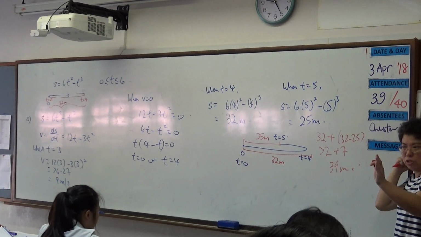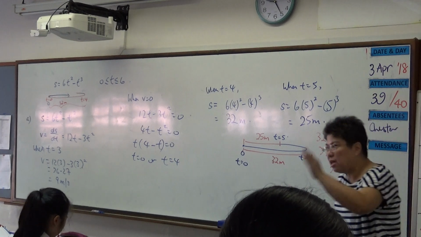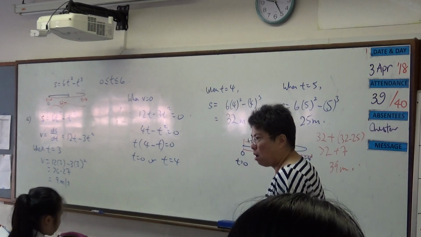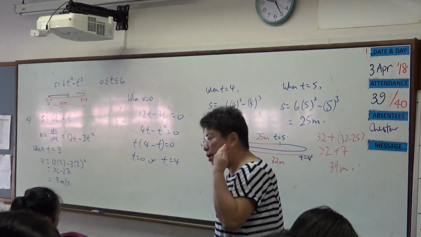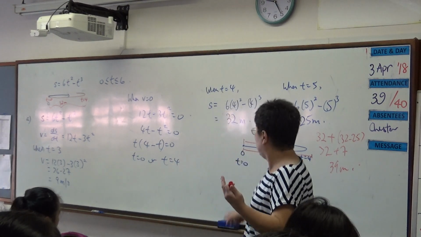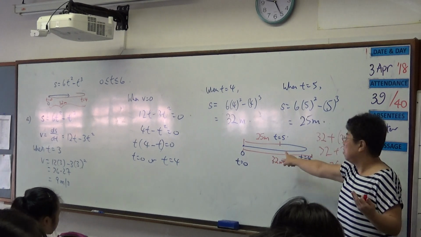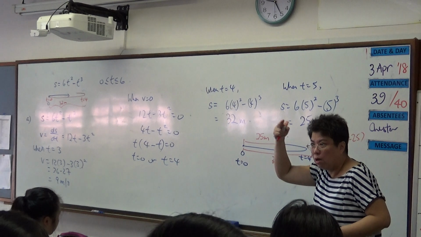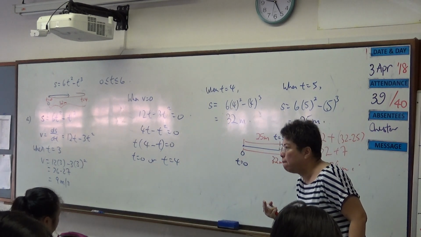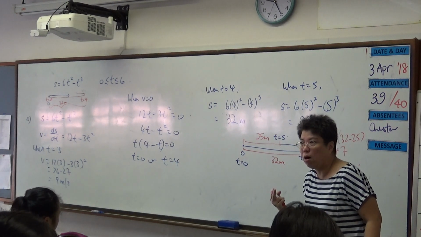Now, let me change the question for you. If the question says the distance travelled is 39, what if I ask what's the displacement of the particle at t equals to 5? 32 minus 7, that is 25. Displacement from O. So can you see the difference in the question here? Yeah. Okay, you must know what I'm talking about. Do you follow?